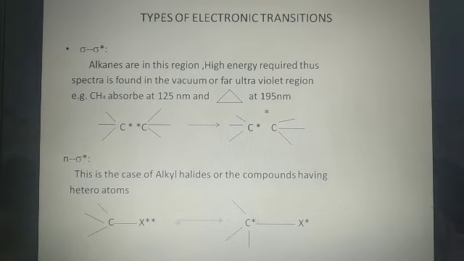So I have shifted the electron from the halogen atom to the carbon atom, that it has shifted from the non-bonding state to the anti-bonding sigma star orbitals. This type of transition is also possible, and it is possible in case it is a halogen, oxygen or nitrogen that is attached there.